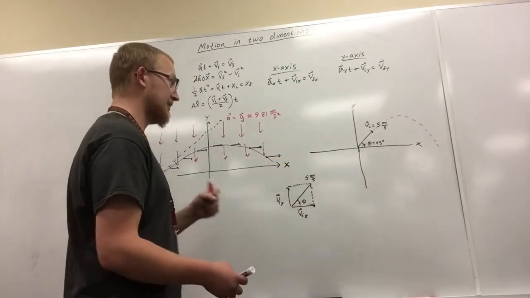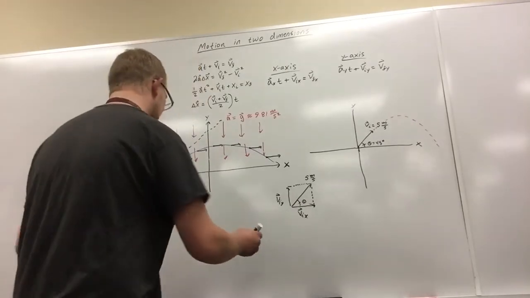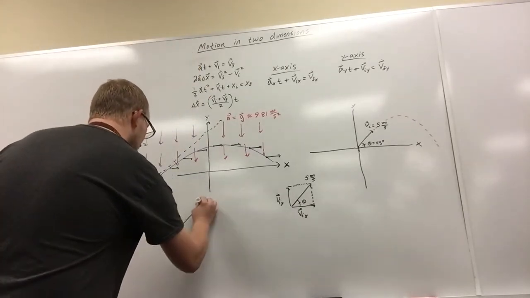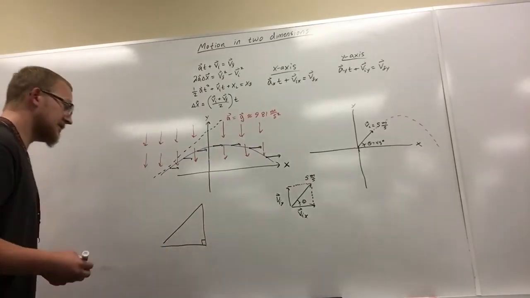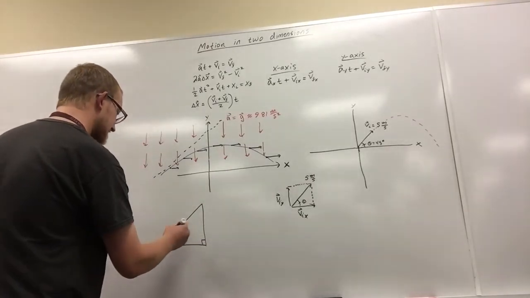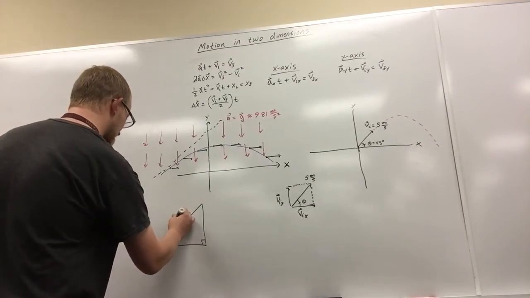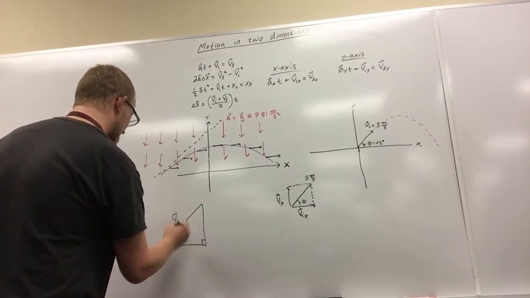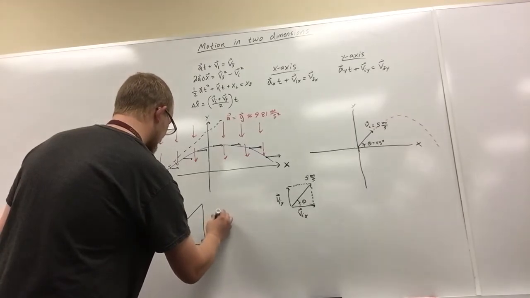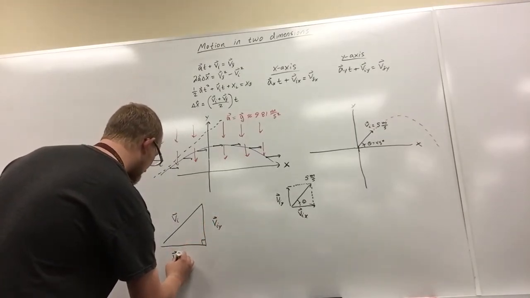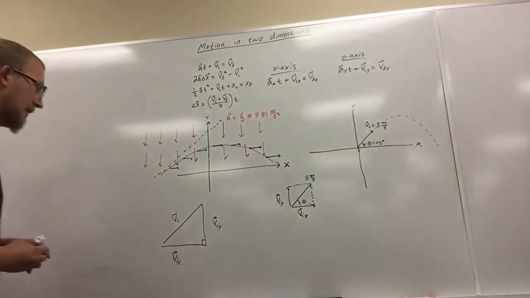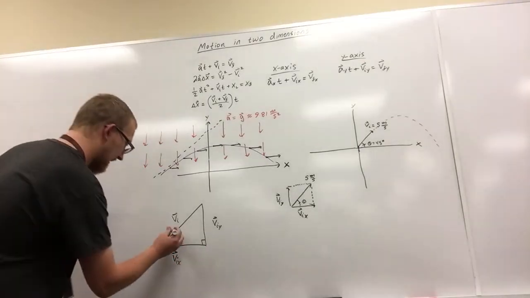To do that, we're going to have to take a look at a right triangle. Once again, they keep coming back up. If this is the hypotenuse, in this case we'll call it VI, and this is VIY, and this is VIX, and of course we've got angle theta.